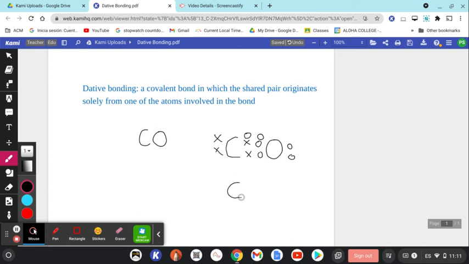If we draw it a little bit more condensed with lines, we draw a dative bond with an arrow pointing to where the electrons are being donated to. They originate from oxygen and they're being shared towards carbon. So this is carbon monoxide with a dative bond.